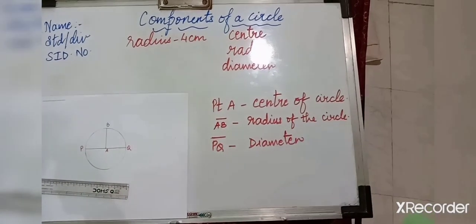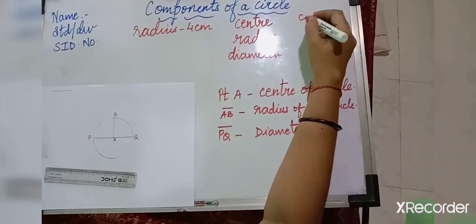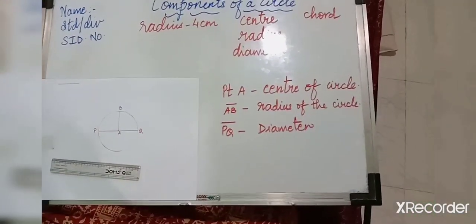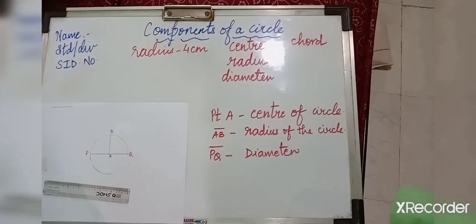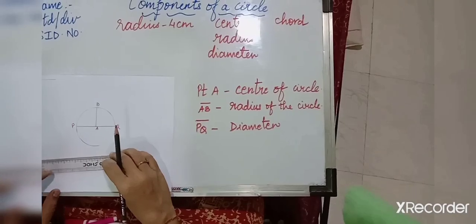Let us come to the fourth component, that is the chord of a circle. Now what is a chord of a circle? A chord is the line segment that joins any 2 points on the circle.